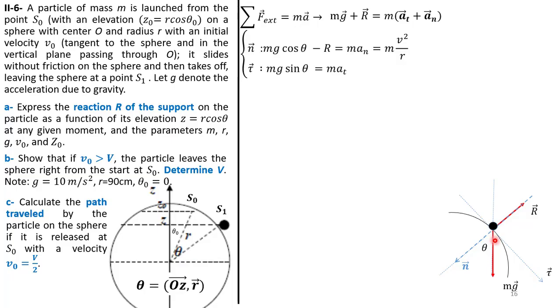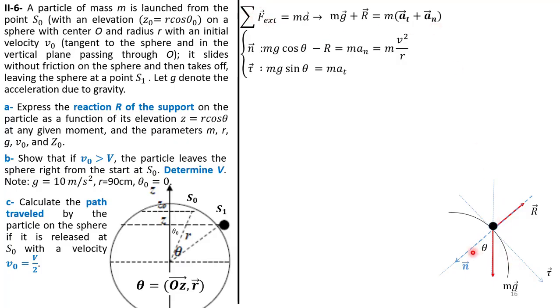It's directed obliquely downward to the right, as shown in the figure. And the normal unit vector is directed toward the center of curvature. It's perpendicular to tau.